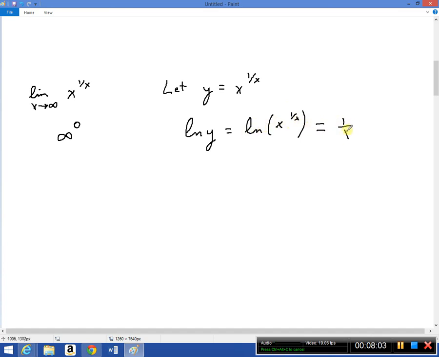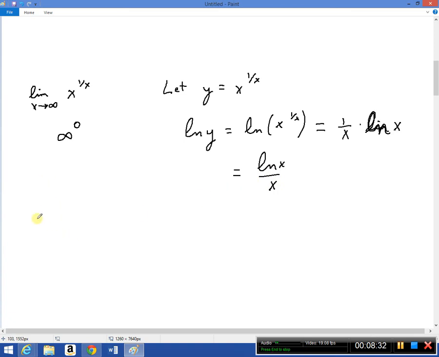So it comes tumbling down, leaving us with 1 over x, ln of x. Okay? So this is the log of y. We're no longer dealing with the problem at hand. We're dealing with the log of y, and we'll have to remember that later. Okay, so this is 1 over x log of x, which we can rewrite as log of x over x.